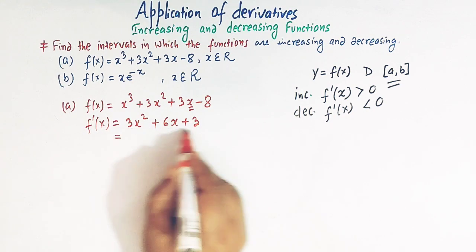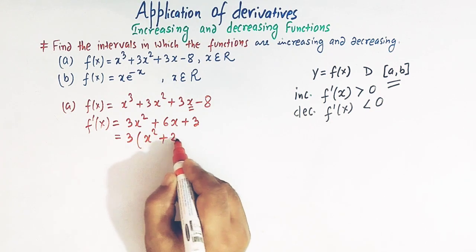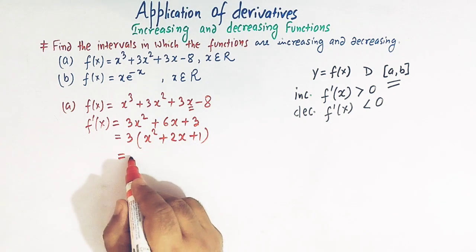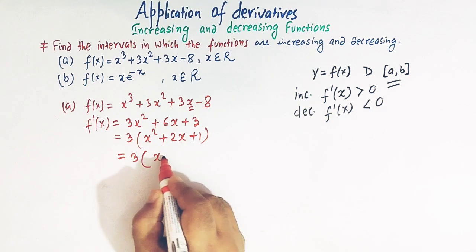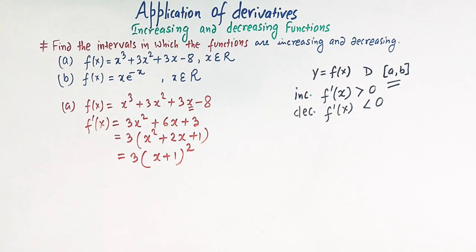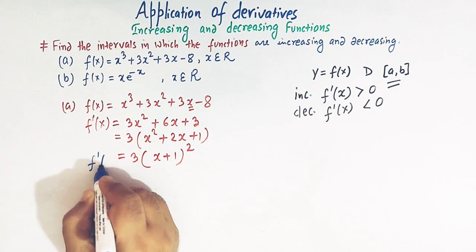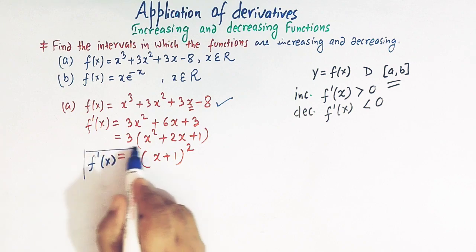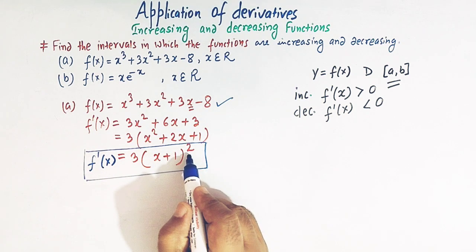Now let us take 3 common. So we have x square plus 2x plus 1, and we can express x square plus 2x plus 1 as x plus 1 whole square. So now we see that the derivative of this function is equal to 3 times x plus 1 whole square.